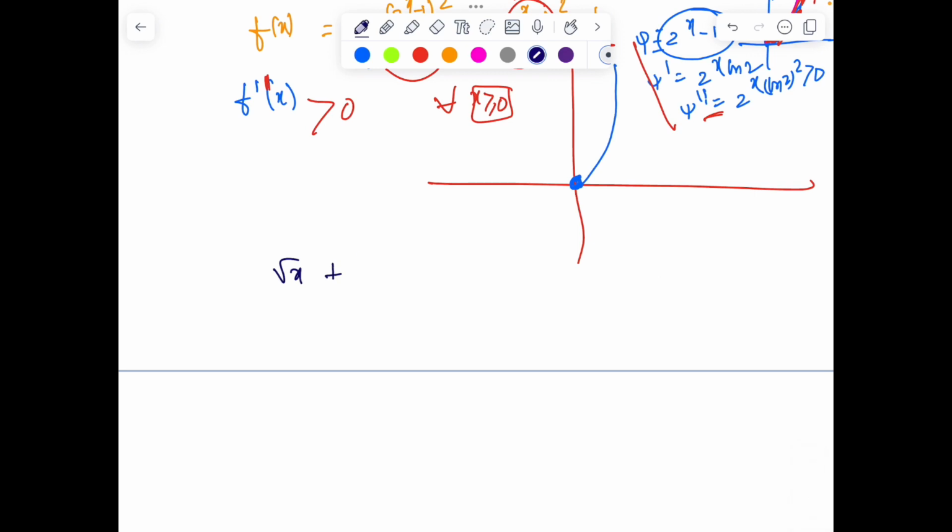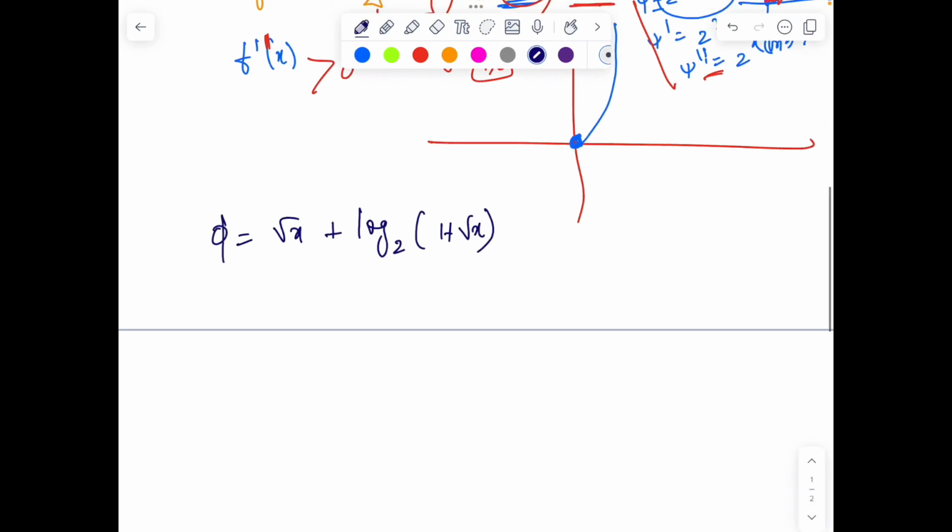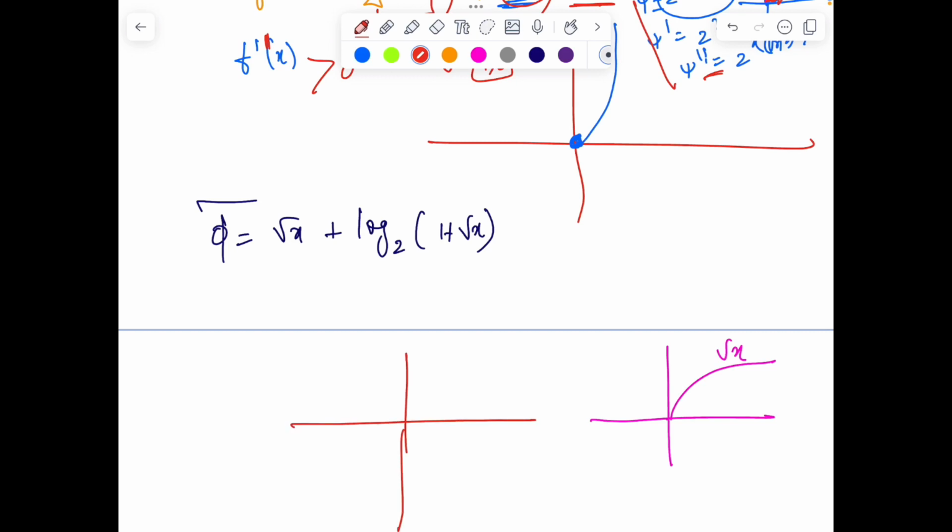On the RHS, we have root x plus log base 2 of 1 plus root x. Let's call it phi. Looking at the nature of phi, we can clearly see root x is concave down, and moreover 1 plus root x will be concave down too, and log is a concave down expression.